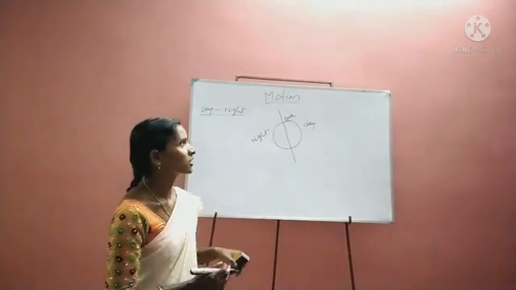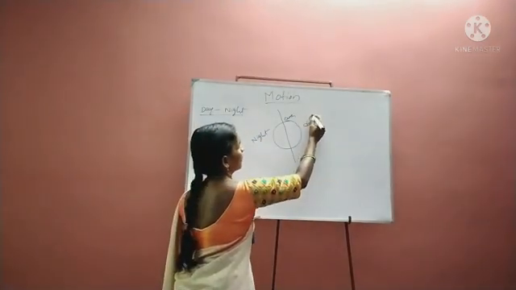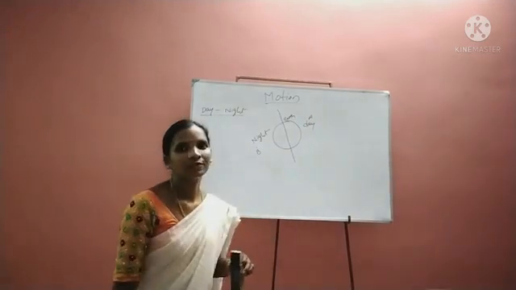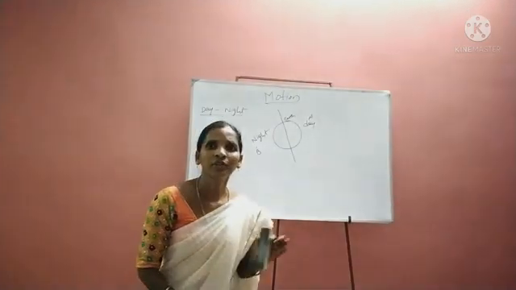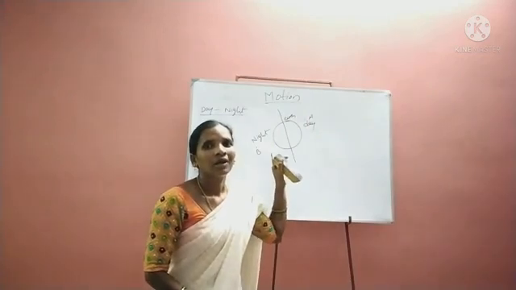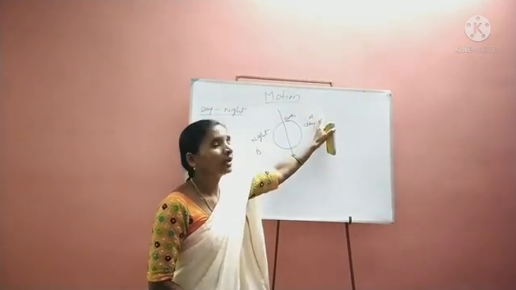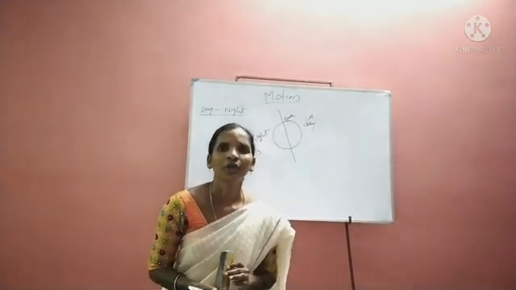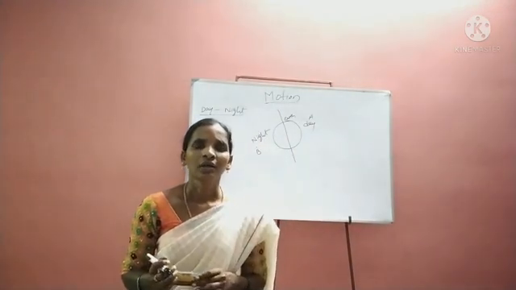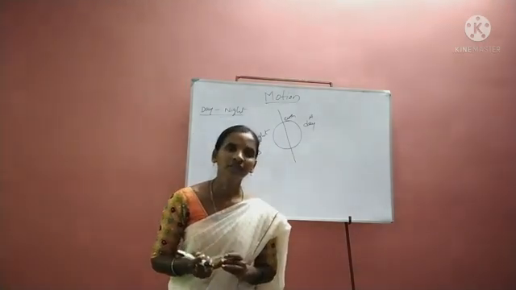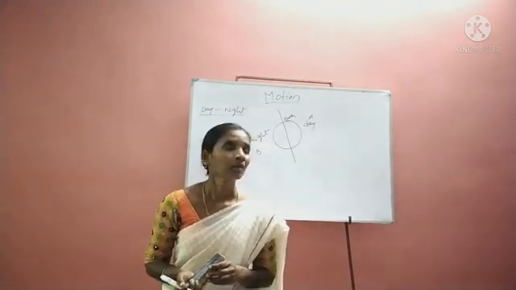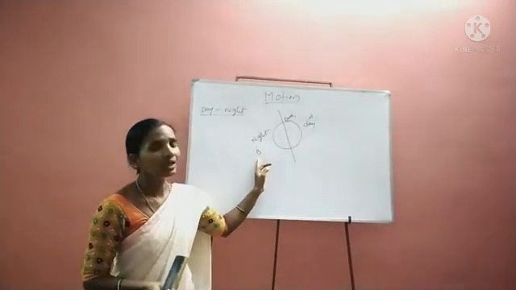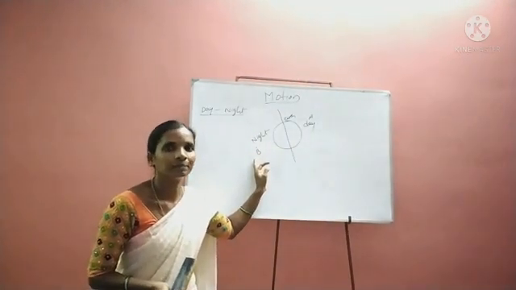Consider points A and B on the earth's surface, such that A is in the day part and B is in the night part.